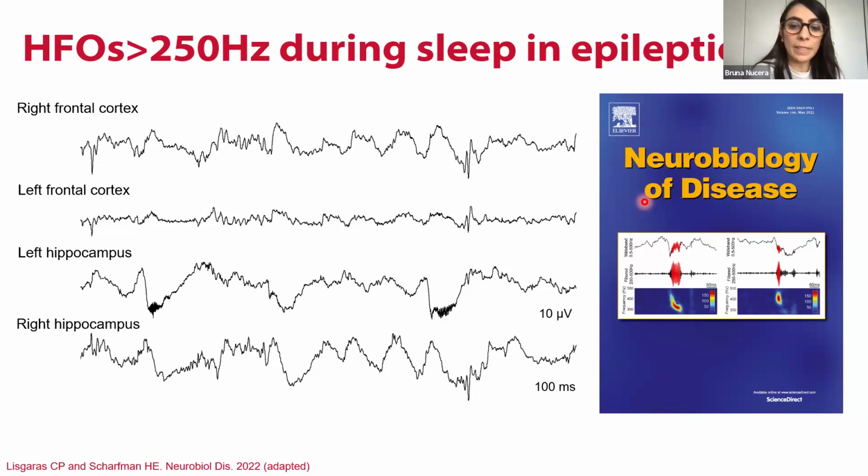And in this human study, are there also gender differences? There are no big sex differences reported for HFOs in humans. I don't think that was an extensive study, but in animals, when we look, there is a trend towards more HFOs in the females.